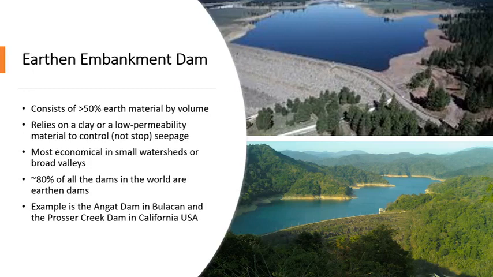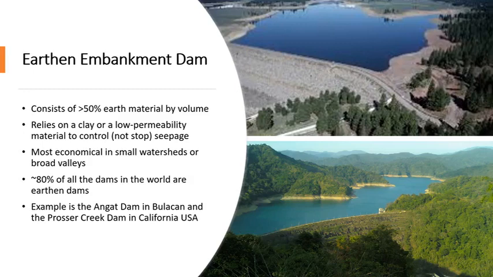These types of dams are most economical in small watersheds or in broad valleys. Also note that about 80% of all the dams in the world are earthen dams. So this is the most popular type of dam in the world.